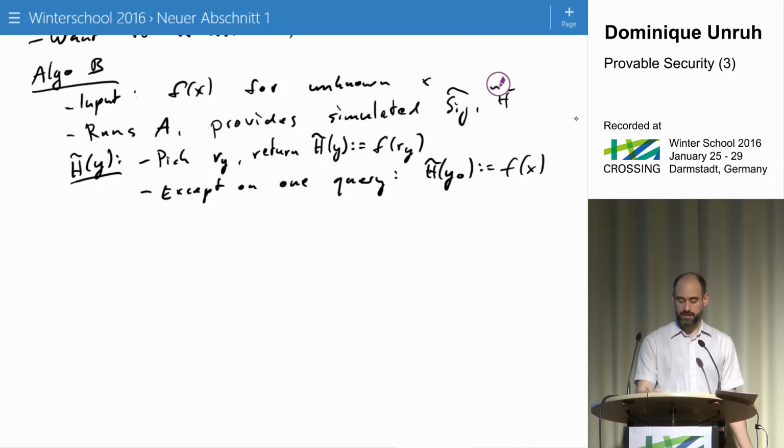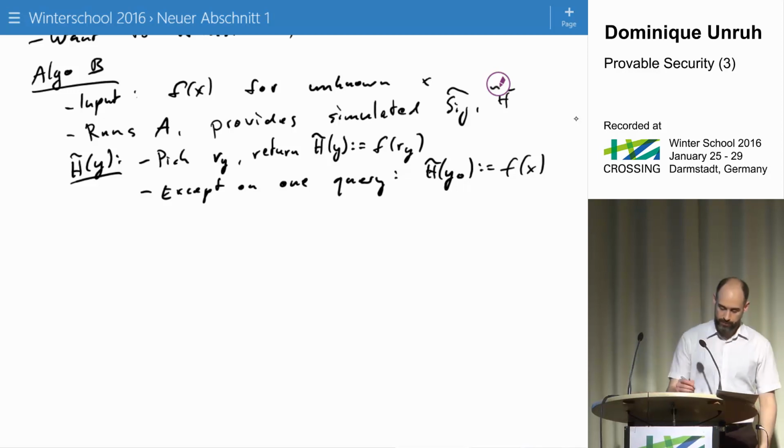The distribution is still something random. But f of x is something he knows, but he doesn't know x, because f of x was his challenge, so he wants to invert f of x. So as a random oracle, often he answers with things where he knows the pre-image, and on one query he answers with the thing where he wants to know the pre-image.